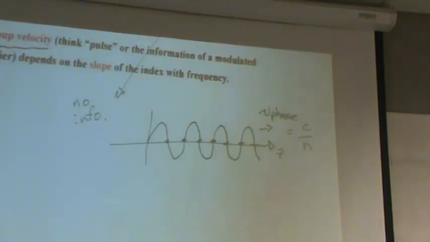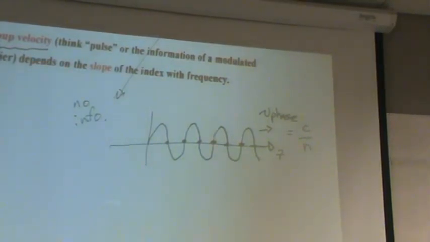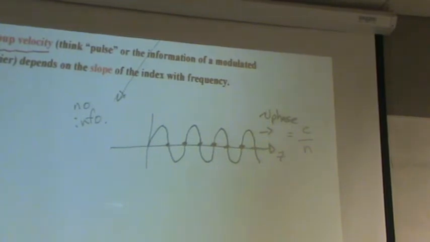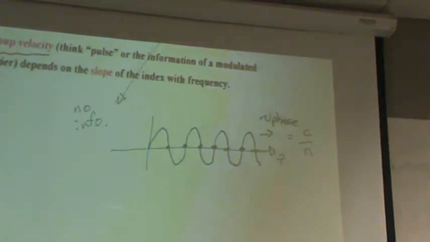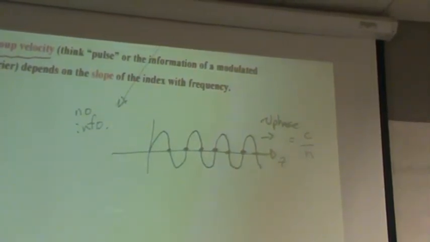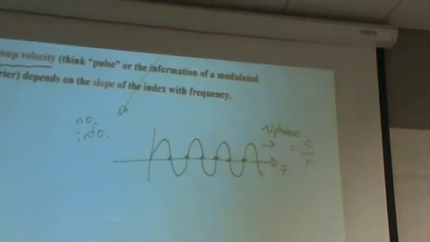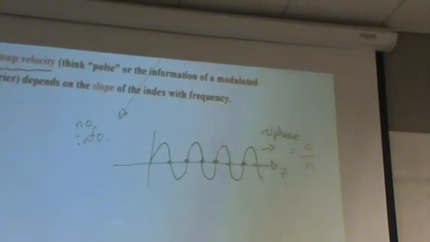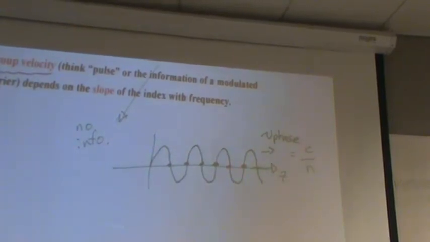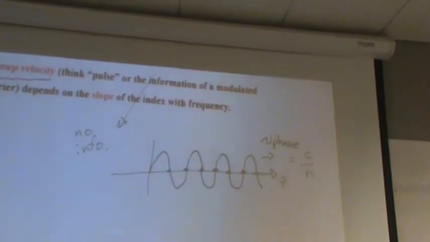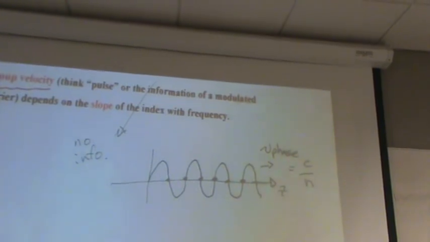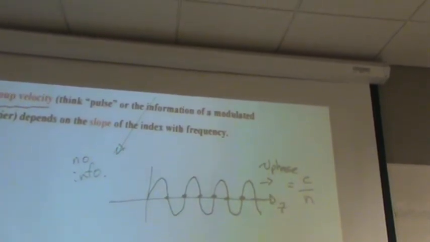If I sing a song or if I'm speaking, that's a whole bunch of different frequencies that are changing. And if I shout, there's information in the amplitude. If I whisper, now I'm amplitude modulating. If I go ooh, I'm frequency modulating.